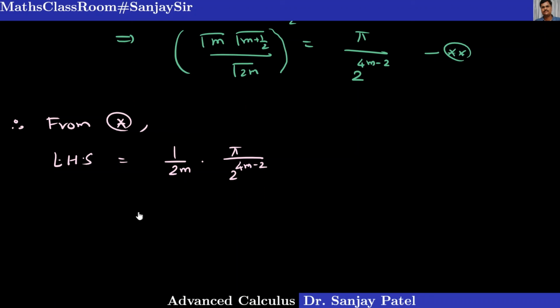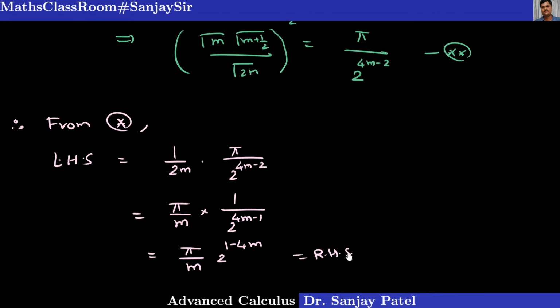So this I can write as pi upon m. This m and pi I am writing separately. This is 2 raised to 1. So we'll get 1 upon 2 raised to 4m minus 1. And according to the required result, I can write it as 2 raised to 1 minus 4m, which is nothing but our right hand side. So the result is proved here.